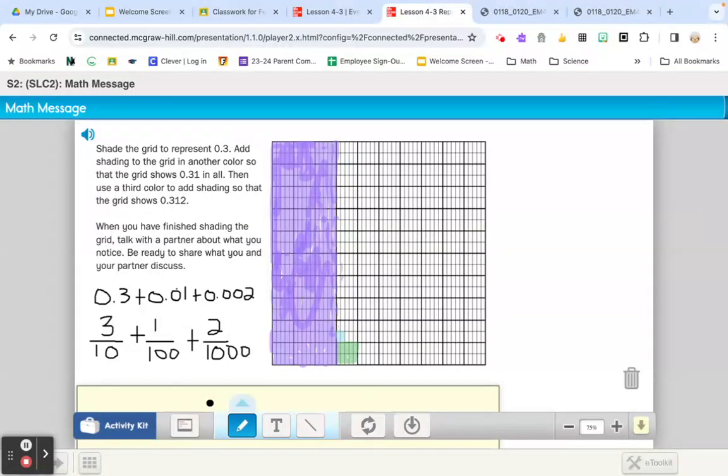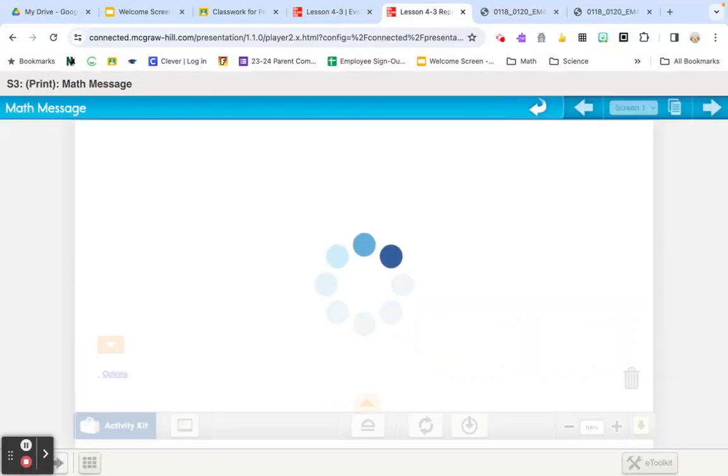So those are two ways we can write 312 thousandths in expanded form. So if you look further on your page, we are going to continue practicing expanded form.